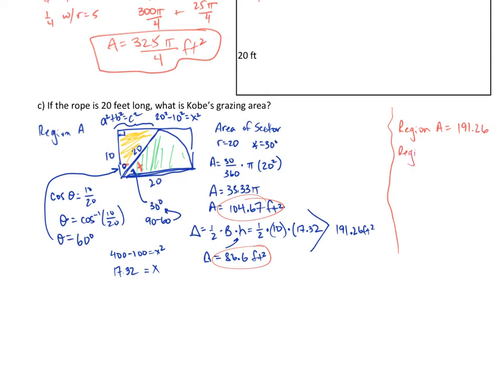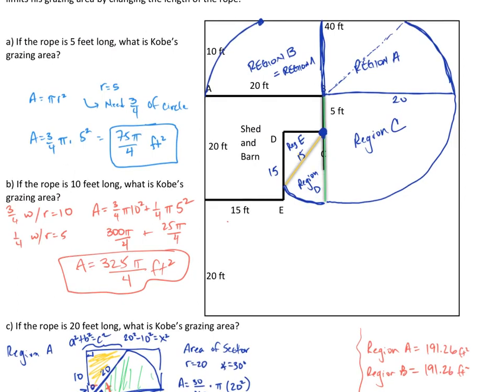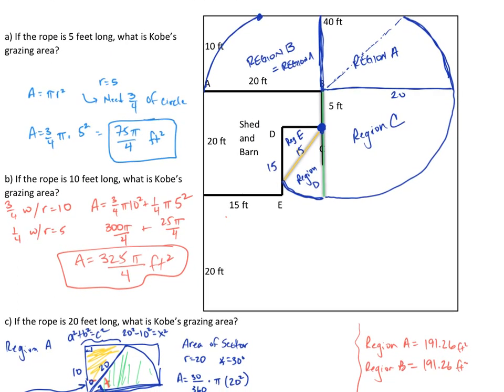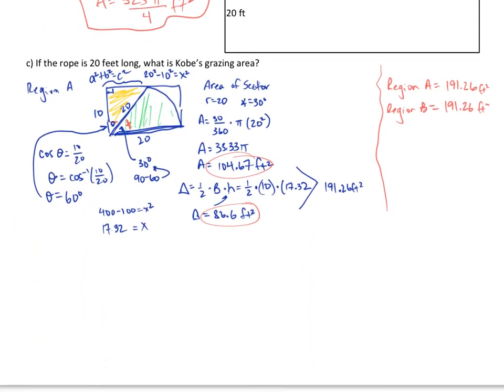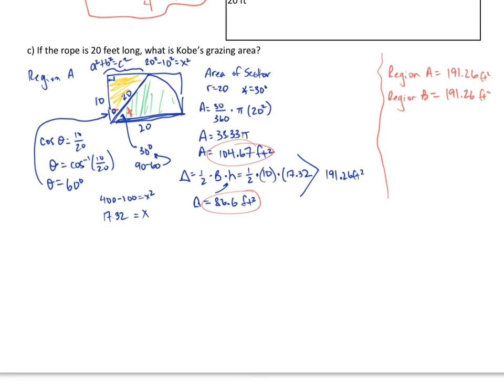Region B will be exactly the same as region A, because we said these are all square feet, because it's just a reflection of itself. So let's see if I can show you that. So right there, it's just a reflection of itself, right? So region A and region B are going to be identical.